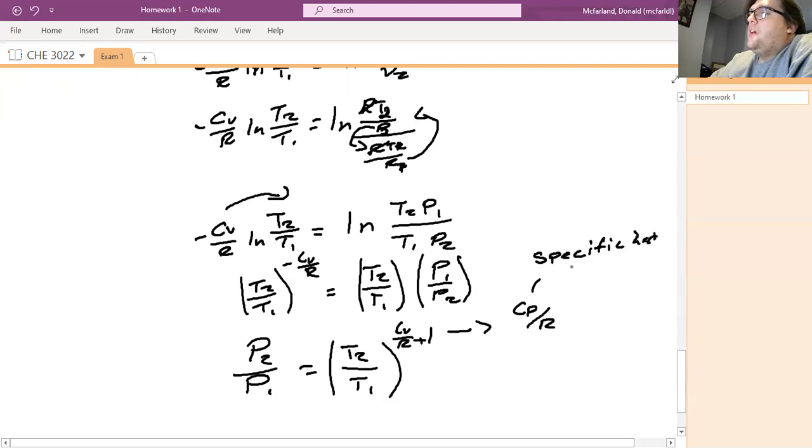Then CP is just CV plus R. So notice if you do this math, 1 times R is R, so you get CV plus R over R, which just becomes CP over R.